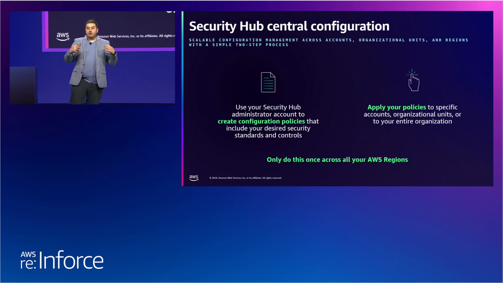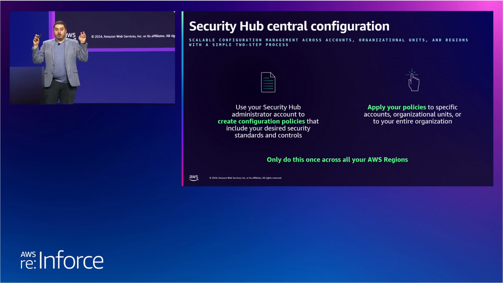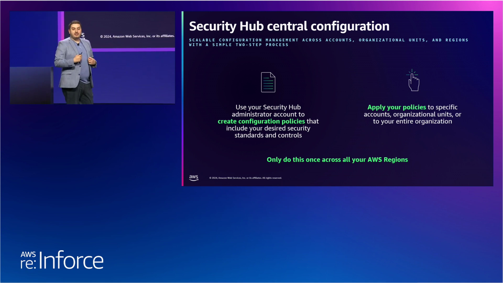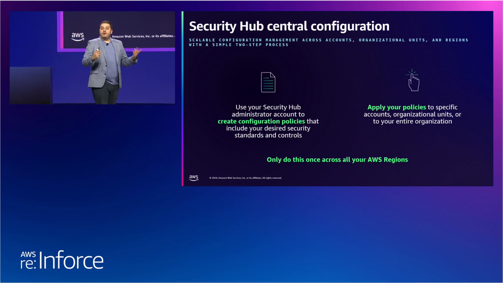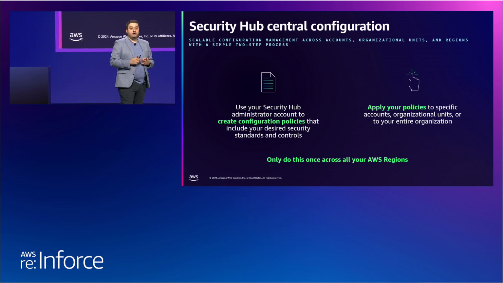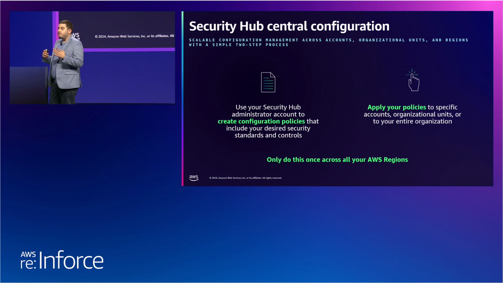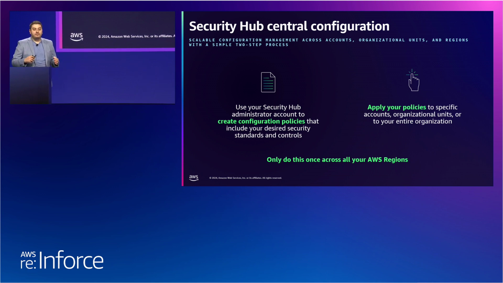Meaning that the administrator account in the home region for Security Hub, the main region where all of the findings are shown, can also be used for configuring Security Hub and the Cloud Security Posture Management checks that we have, really giving you a single pane of glass, not just for visibility, but also for configuration.